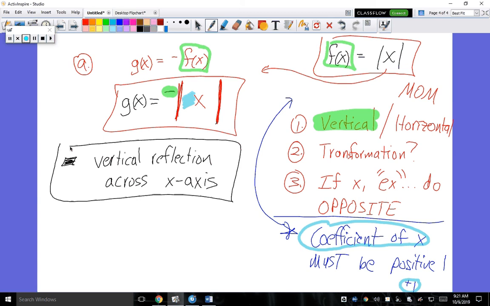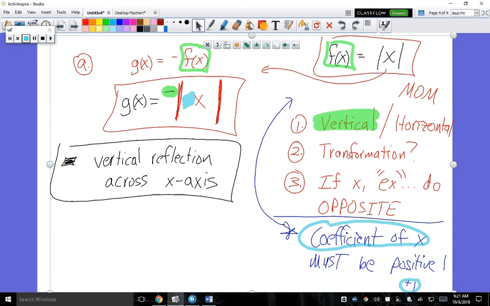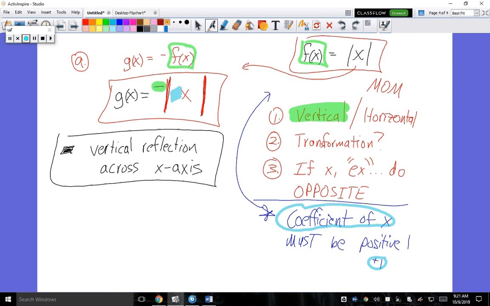That means, again, the parent function, where I originally started, your parent, which started right here as this, when you vertically reflect it, g of x, this is you, is down here. Make sense? Easy enough, right? Alright. I'll do one more and then I'm going to give you some difficult ones to talk through with me, okay?